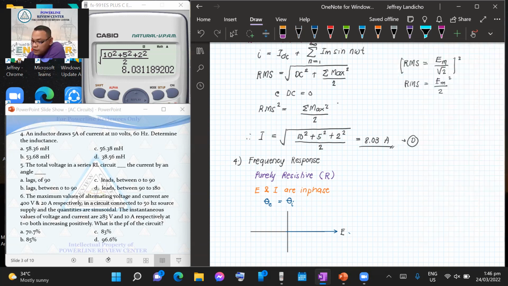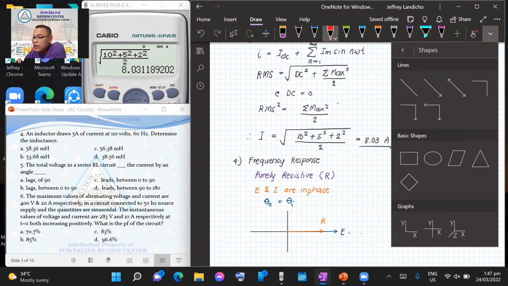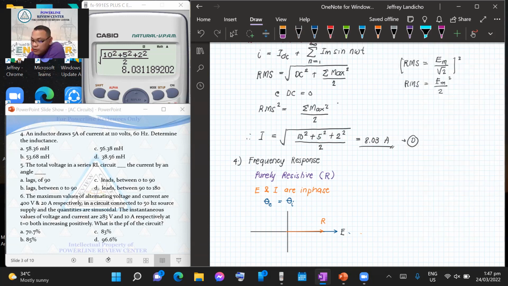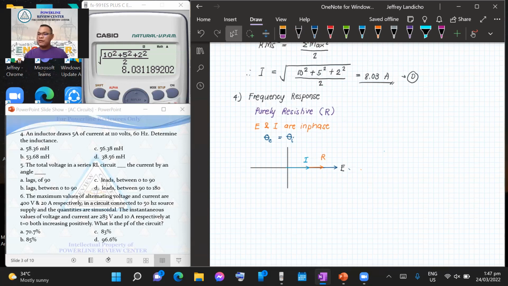So the resistance is also along the x-axis. So kaya pag kinuha natin si current, dahil in phase yan, so kung nasaan si voltage, nandun din yung ating current. Yun nga lang, mas maliit lang ang kanyang value. So ito ngayon, yung ating current in the purely resistive. So pag in phase, ibig lang sabihin, they have the same direction. Okay? So that is only true kapag meron tayong purely resistive.